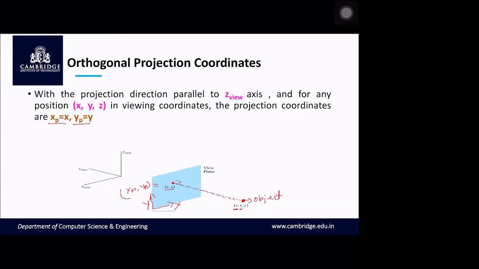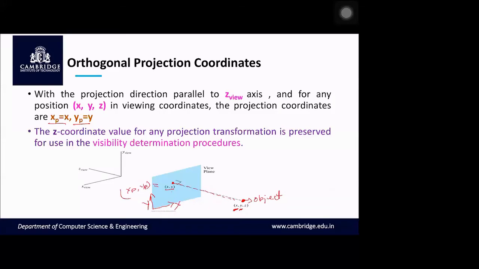My points will never change, and the angle of the line will never change. It is exactly the same pixel that I have in the world coordinate that is projected onto the view plane. So in orthogonal projection it is very easy: the x and y projections on the view plane are the same as your world coordinates.